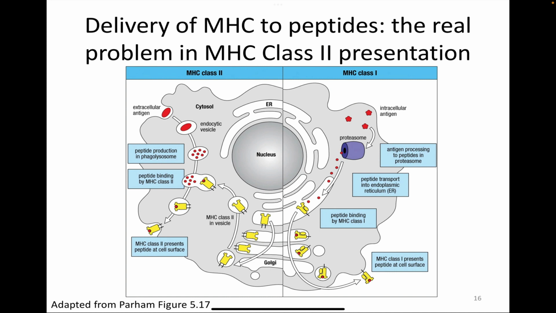What do you notice right there? What is it, Andrew? There's nothing there. It's empty, right? And this figure shows, here's class 2 sitting there empty, sitting here empty all this way, sitting here empty, empty, empty, until it gets to these peptides.